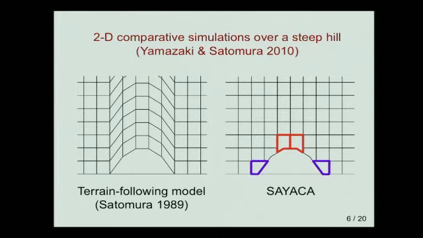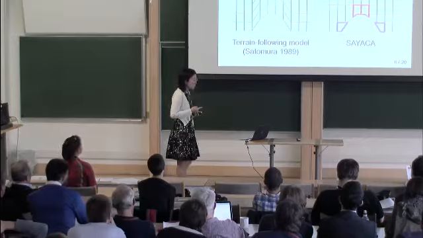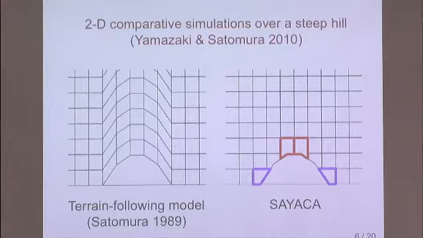We can see that in the terrain-following model, the computational grids are largely distorted at the foot of the mountain due to the steep slopes. On the other hand, the Cartesian model keeps the model levels horizontal and merges the small cells to neighbor cells either vertically or horizontally.